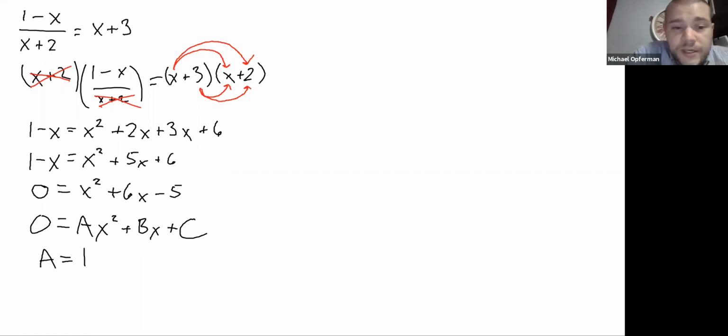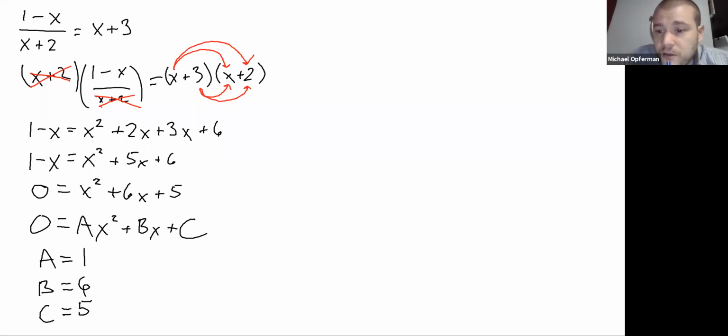B is the coefficient in front of the x term, which is 6 in my case. And C is the constant term. Why did I put it minus 5? It should be plus 5, of course, because 6 minus 1 is 5. So C is going to be 5. These terms could turn out to be negative. They did not in this case, but A, B, and C could be negative in some problems.